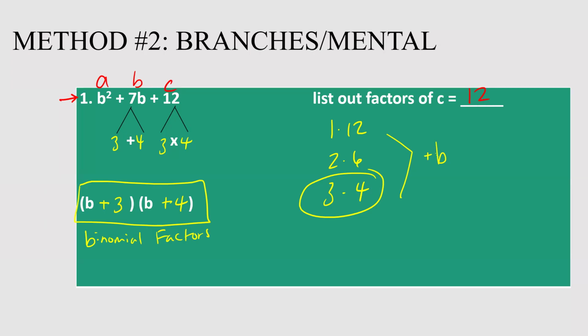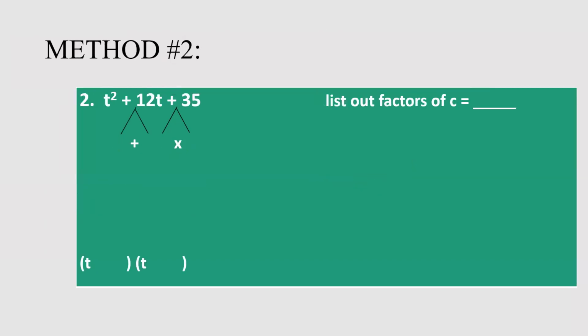Let's try box number 2. In box number 2, you're going to write down t squared plus 12t plus 35. So you have t squared plus 12t plus 35. Okay. In your brain, you're asking yourself, okay, what is my c? Well, my c is 35. What are the factors of 35?